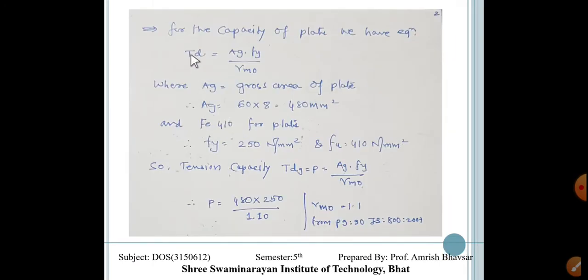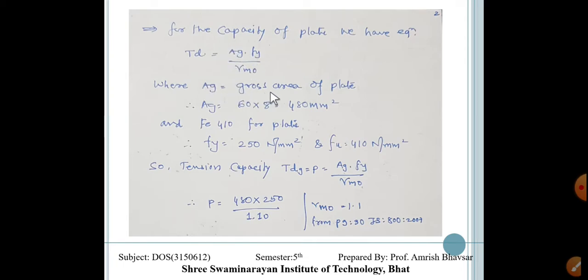On that page we have one equation for finding out the tension capacity of the member: Td is equal to Ag into Fy upon gamma m0. This is our equation. Td means the design tension capacity of the plate. In this equation, what is Ag?